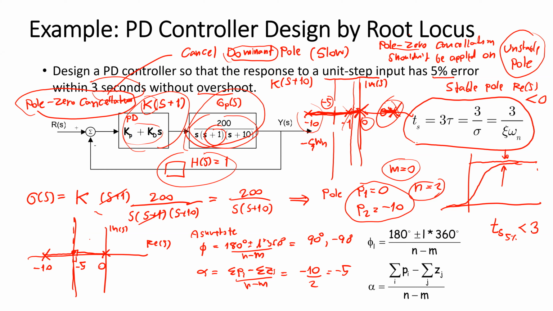The settling time 5%, in the chapter of transient response, the settling time is for 5%. The settling time 5% is 3 times the time constant, or 3 divided by sigma omega n.